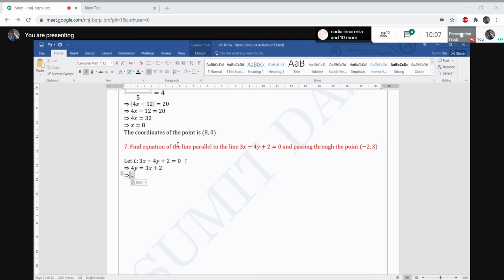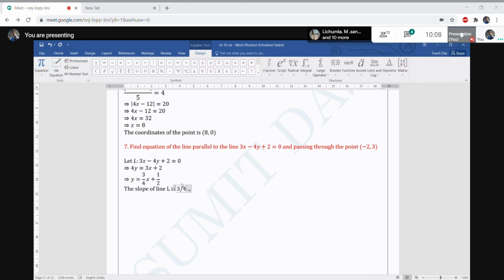Next line it will be y equal to 3 by 4 x plus 1 by 2. You just divide both sides by 4, we'll get 3 by 4 x plus 1 by 2. Therefore the slope of line L is 3 by 4.